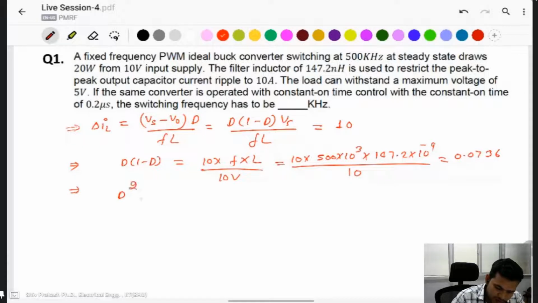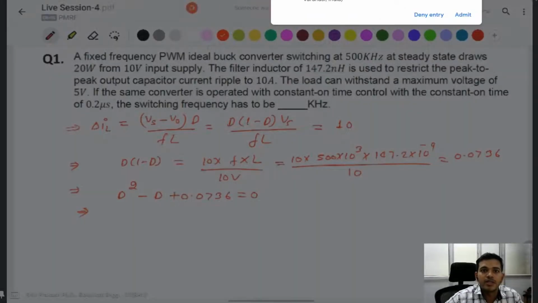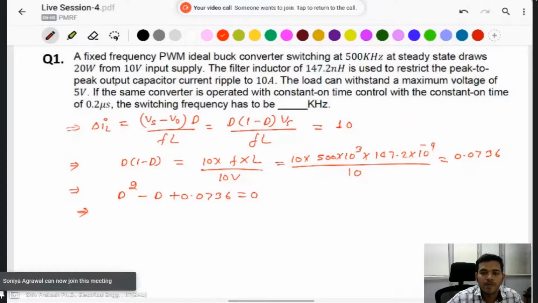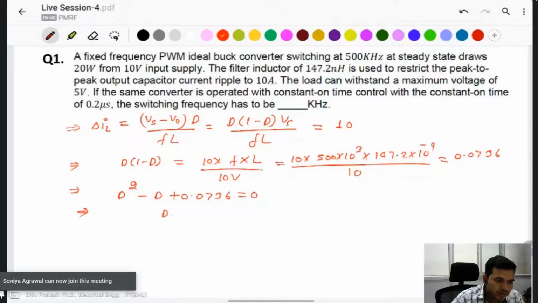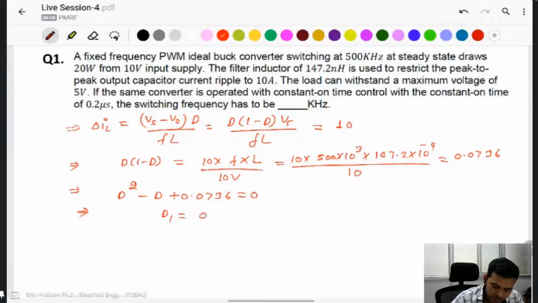D square minus D plus 0.0736 is equal to 0. Then you find the two values of D. First one, D1 is equal to 0.08 and second, D2 is 0.92. And you can also know about the output voltage.